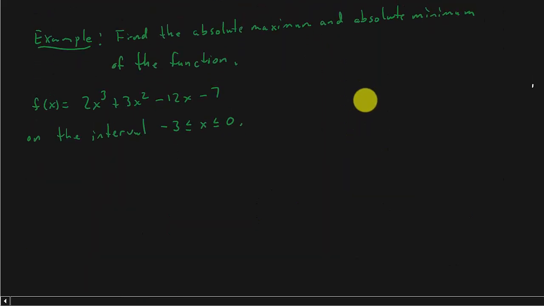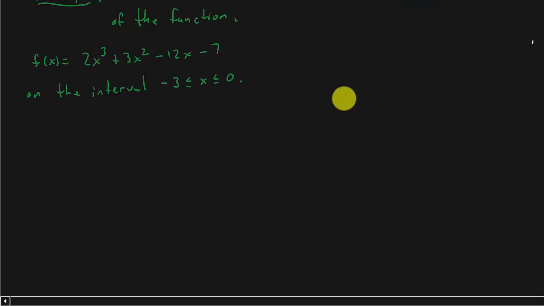It says find the absolute maximum and absolute minimum of the function. So we've got this function on this interval. All right, so let's go ahead and find the derivative. We've got f prime of x is equal to 6x squared plus 6x minus 12. And then we set this equal to 0.